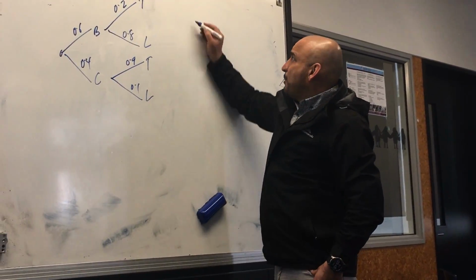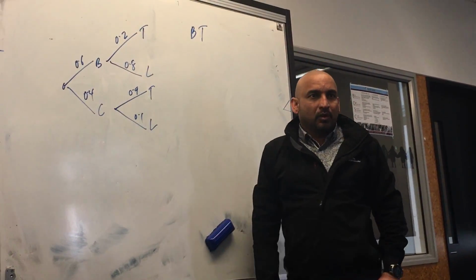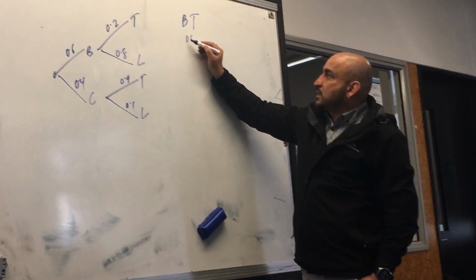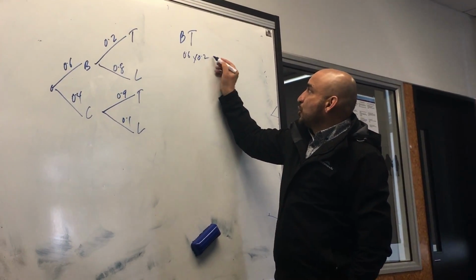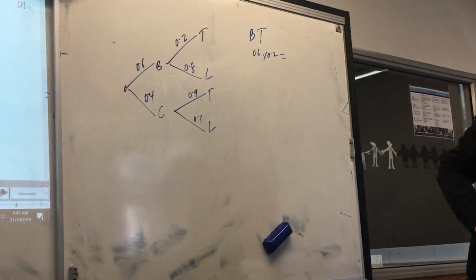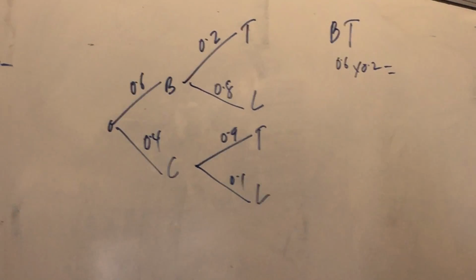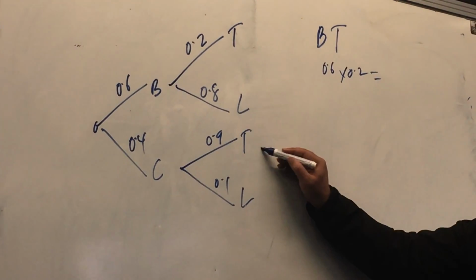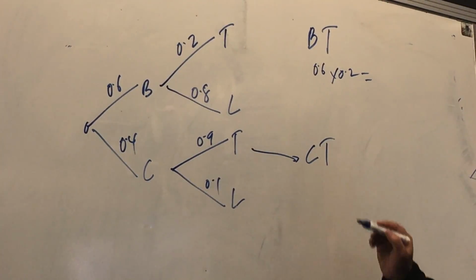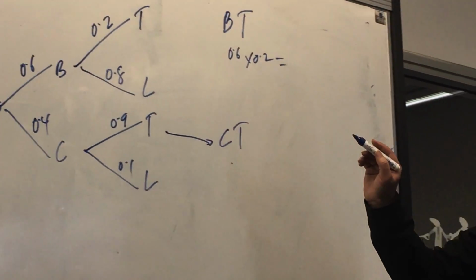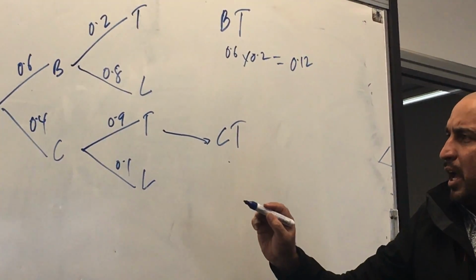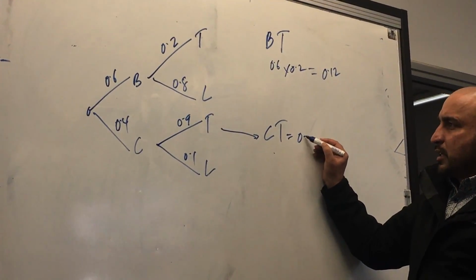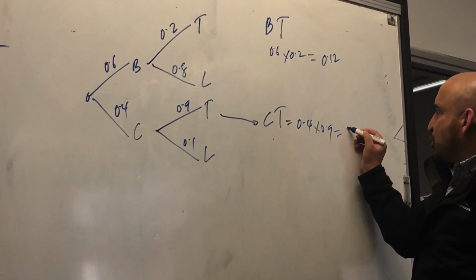So if I ask you, what's the probability of me biking to school and on time? What do I do? 0.6 times 0.2, which is 0.12. If I come to school by car and on time, car is 0.4 times 0.9, which is 0.36.